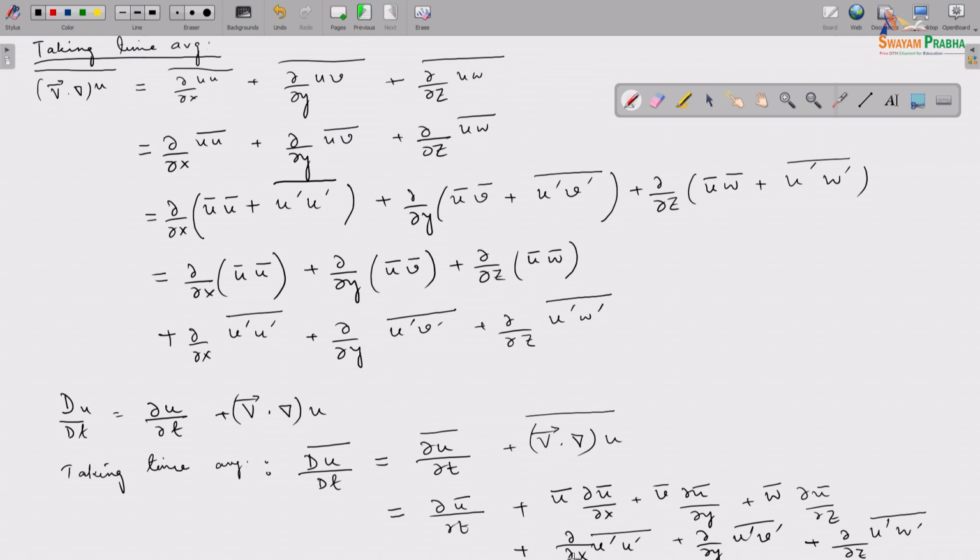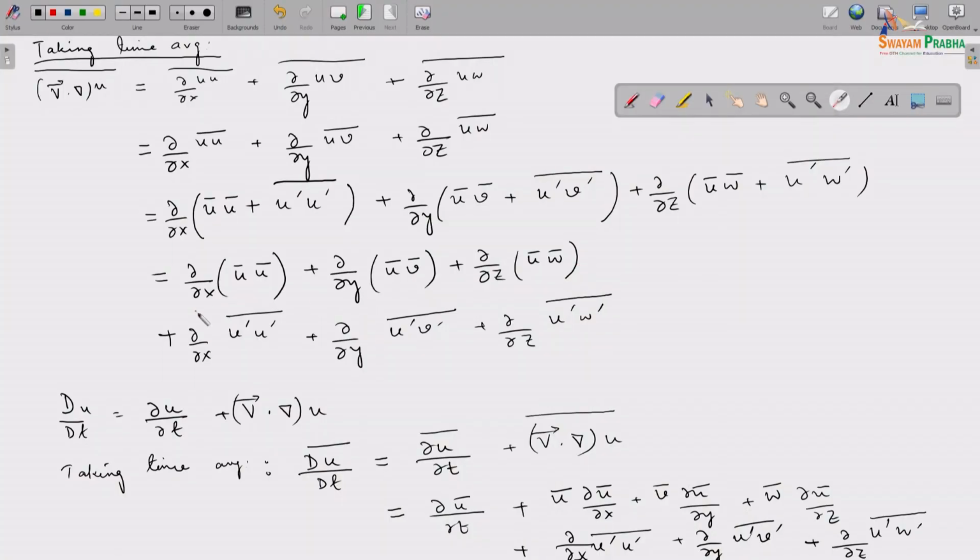Okay. So, if I take time average, I can write out the expression for this, right. So, now, essentially what I did is I looked at this equation, right. I looked at this equation and each of these terms here, that is what I have written like this. So, this term is actually the same as this.